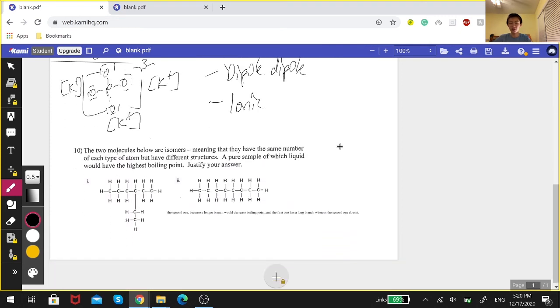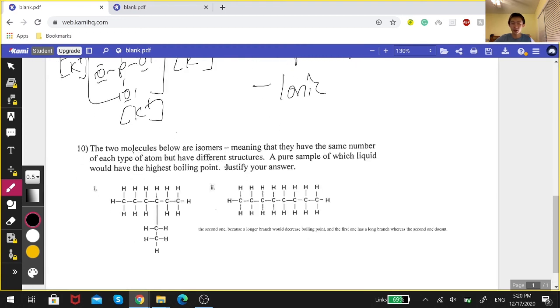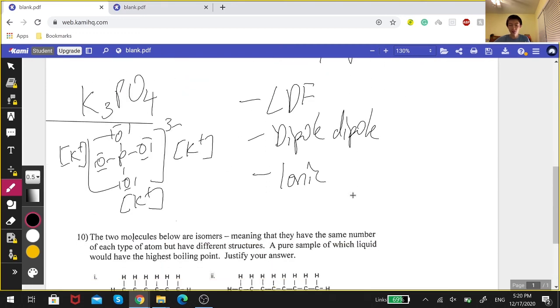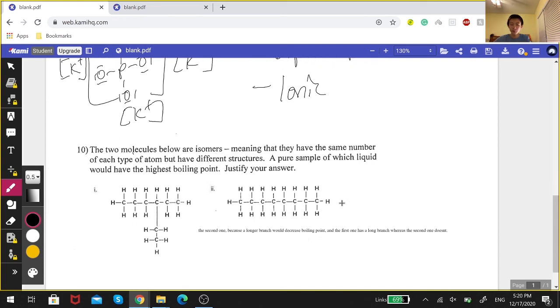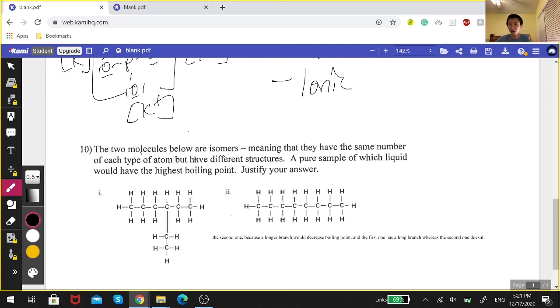Now here's another thing you need to know. These two have the same exact properties, the same types of bonds, because they're the same elements. They're isomers. They have the same elements, but one of them will have a higher boiling point, and that will be this one.